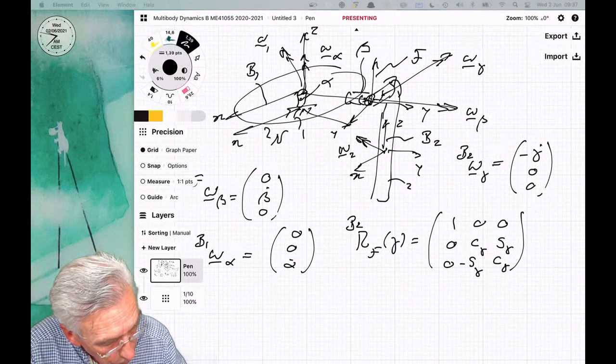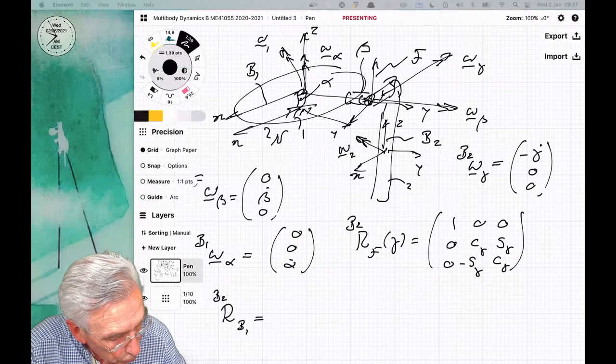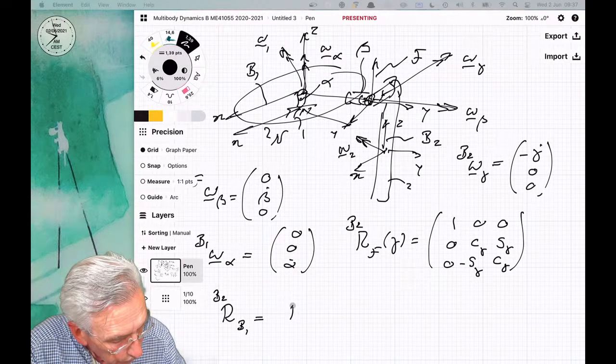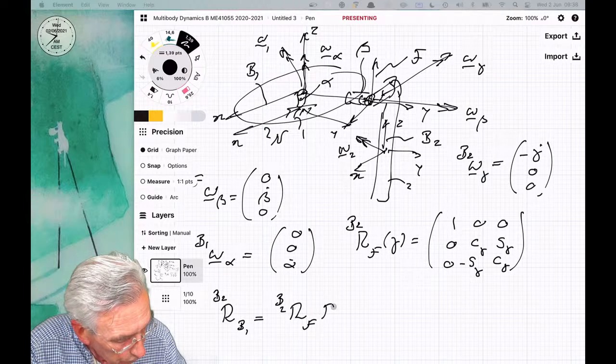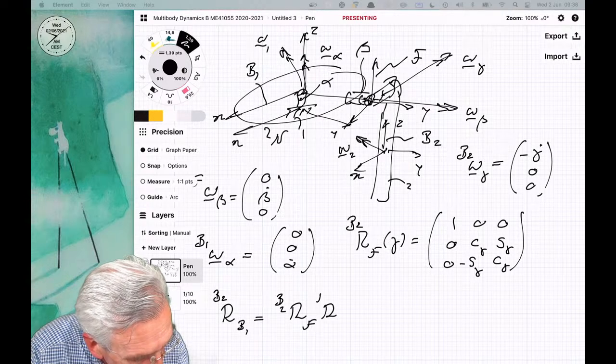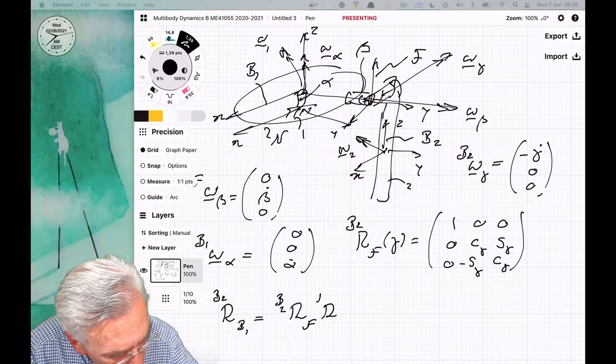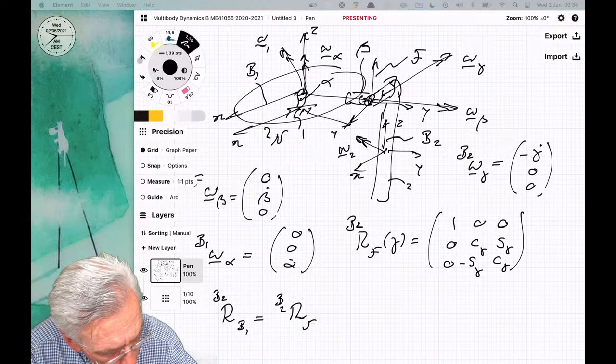So if we need the rotation matrix from B1 to B2, that is just the chain of B2 to F to, what am I doing? Oh, I have to do it. Yeah. Fry my brain. I have to do it the other way around, of course.